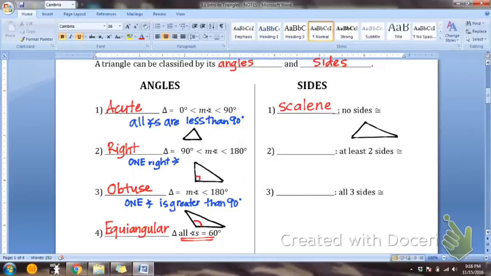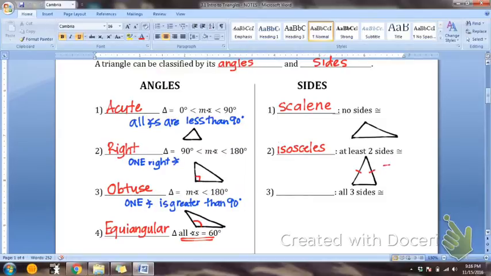The next type of triangle is when at least two sides are the same. This is what we call an isosceles triangle. Isosceles, and this is spelled kind of funky, so please look up at the board. I like to remember that an isosceles has two congruent sides because you have two S's and two E's there. So this is maybe what an isosceles triangle looks like, where you have two sides that are the same.